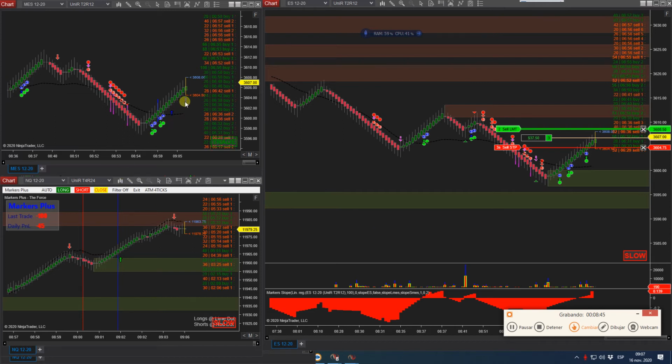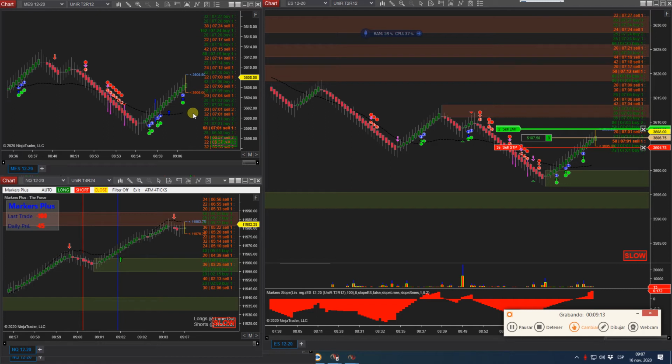Volume expansion, aggressive volume. Got correlation to the upside. Let's see if this one works out. Almost done.